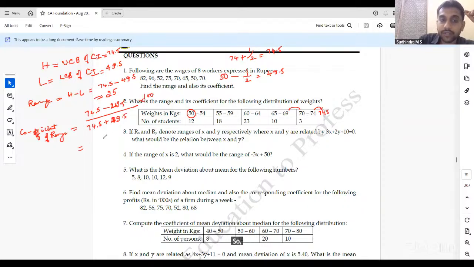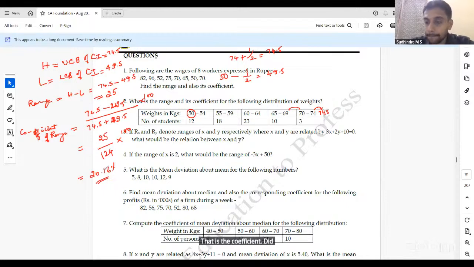So 25, and 74.5 plus 49.5 is 124. 25 into 100 divided by 124, we get 20.16 percent. That is the coefficient. Did we all understand?